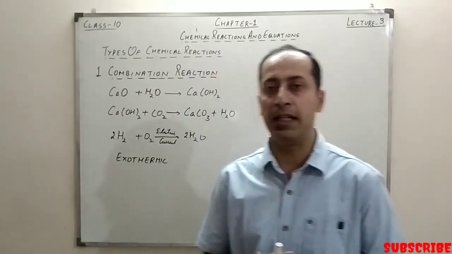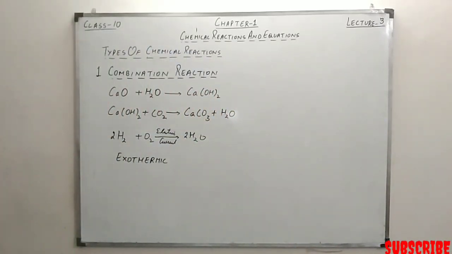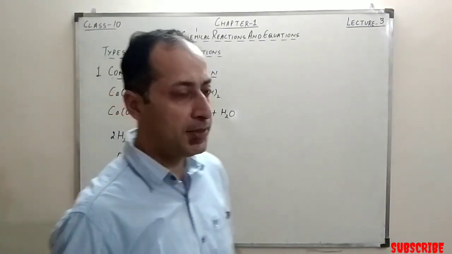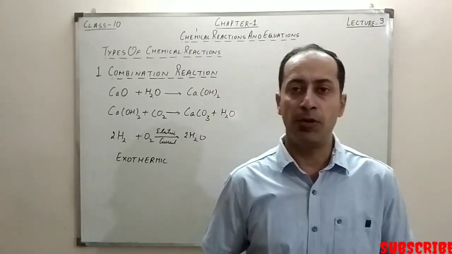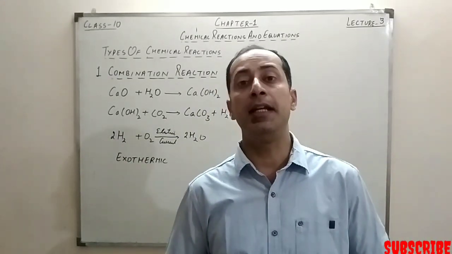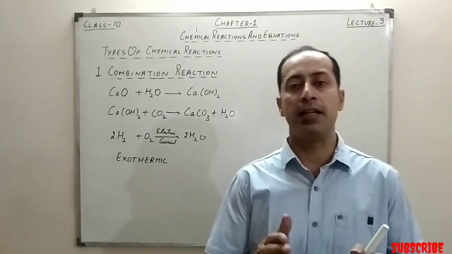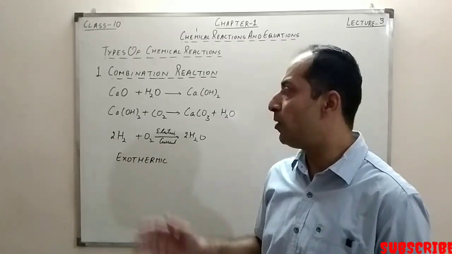In case of respiration, what happens basically, the glucose reacts with the oxygen and they form carbon dioxide and water, and heat is produced. This respiration is basically the reverse of your photosynthesis reaction, right? So this was all about combination.